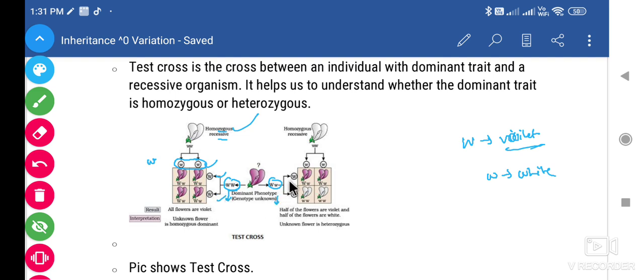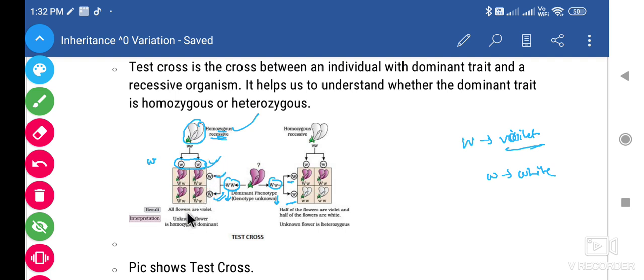In the heterozygous condition, one is dominant and one is recessive, and they are segregated according to Mendel's second law. What is the second law? The law of segregation. All the gametes separate, capital W and capital W, and then they are crossed with the recessive trait, the homozygous recessive small w.